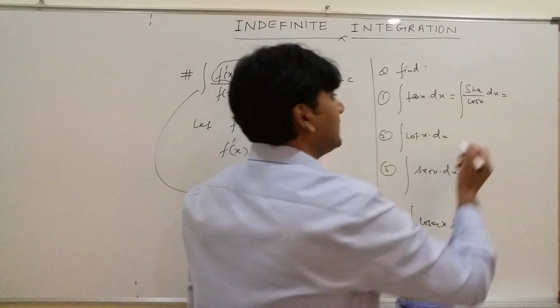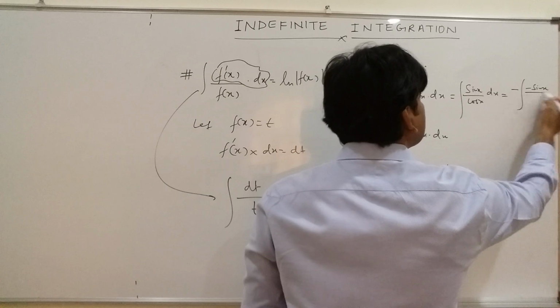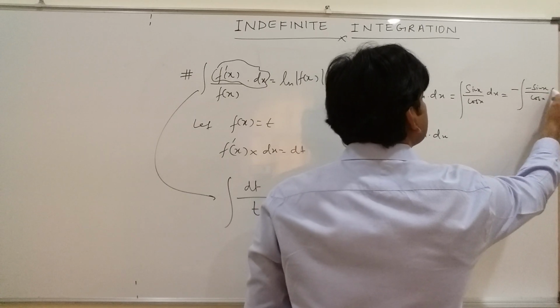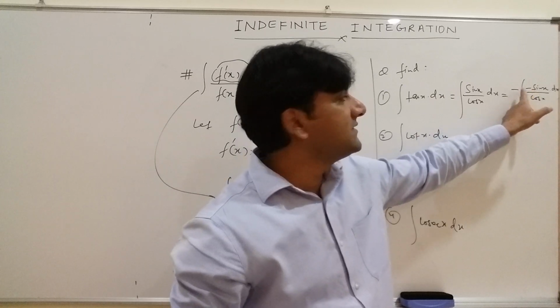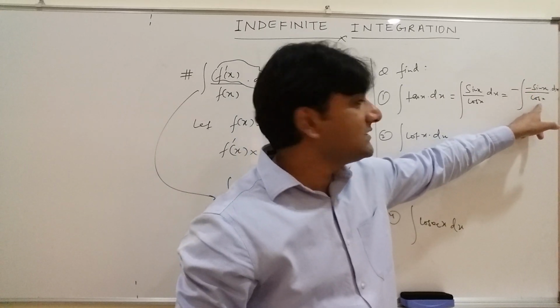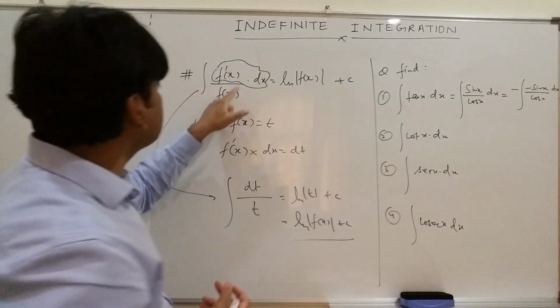So what we can do? We can write minus of minus sin x over cos x dx. So this minus will be plus. Cos x derivative is minus sin x. So this time this is f x, this is f dash x.